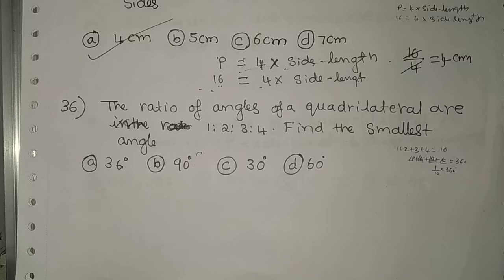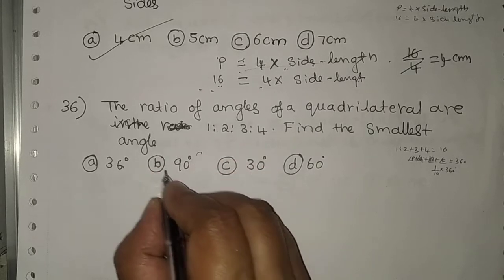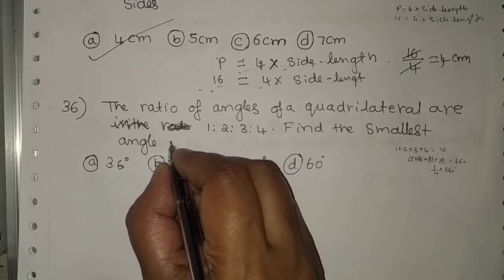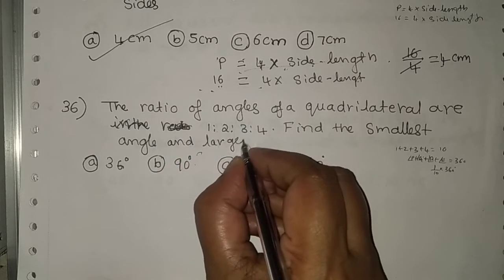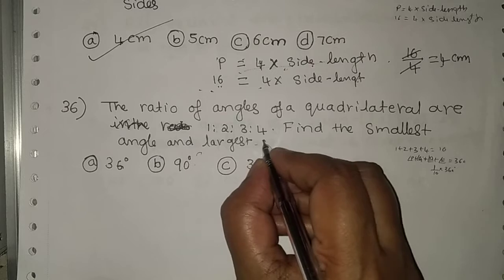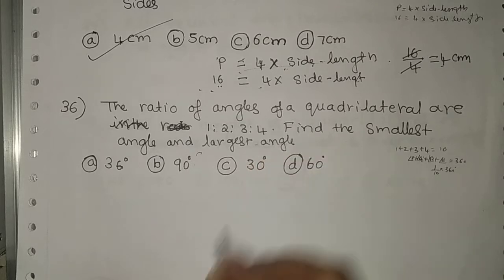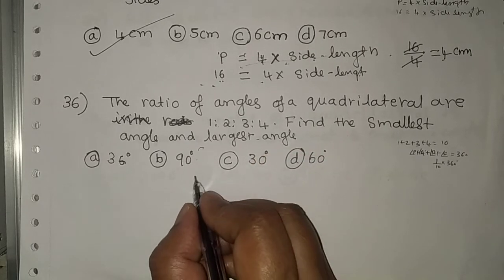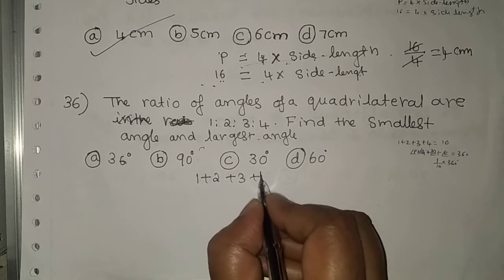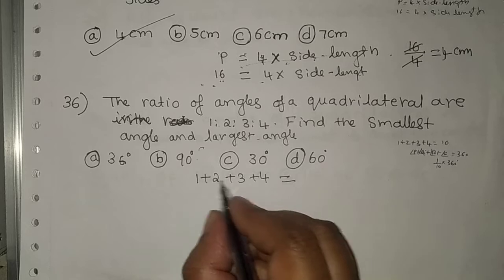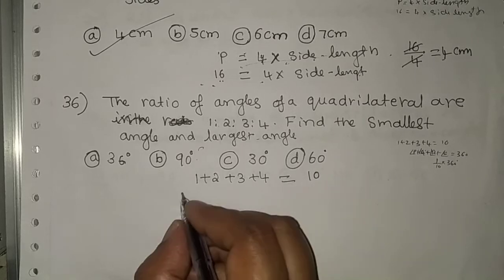Here we find the smallest and also the largest. I have left out one, that is the largest angle. So what happens? We have to just add all of these. How much do we get? This will be equal to 10.